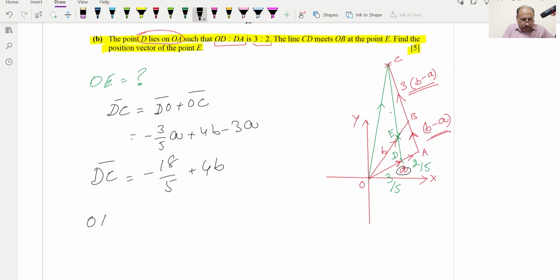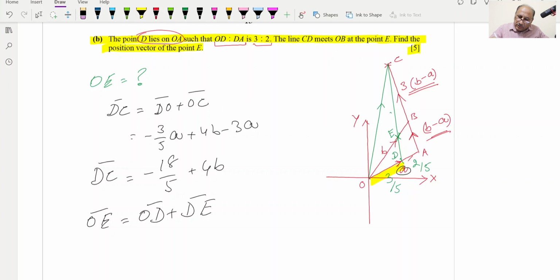OE will be equal to OD plus DE, the route going along this side plus this side.